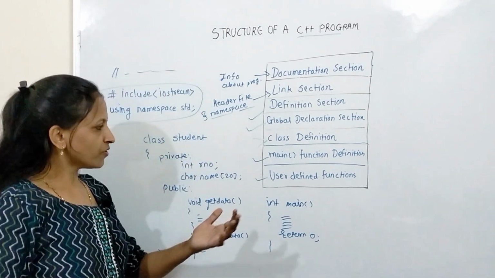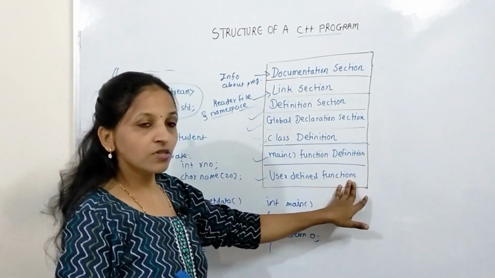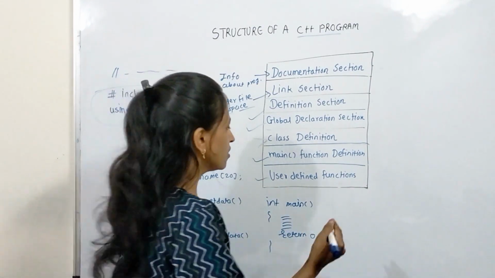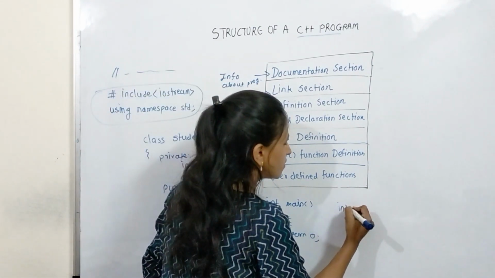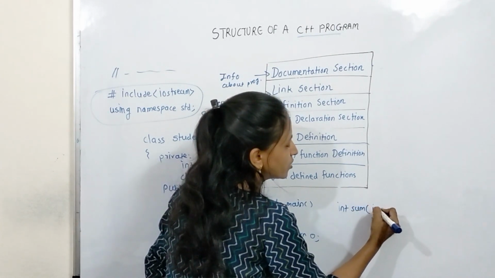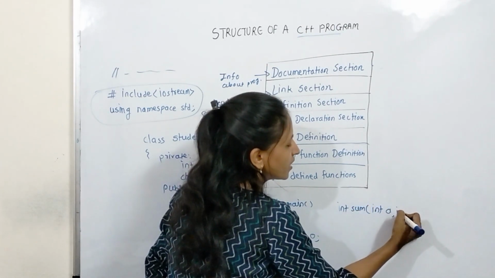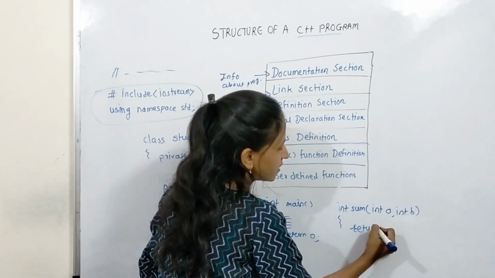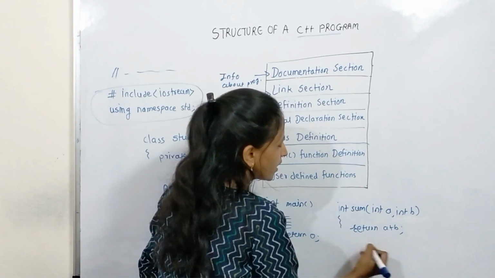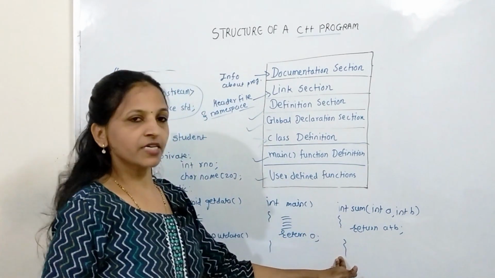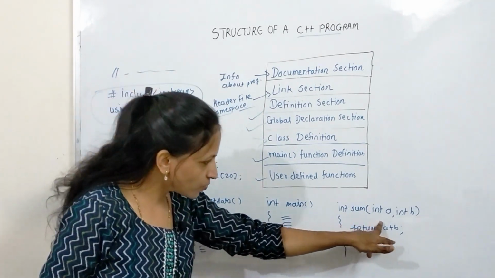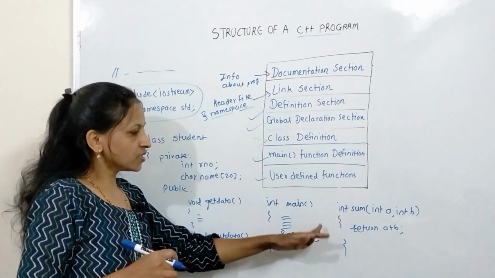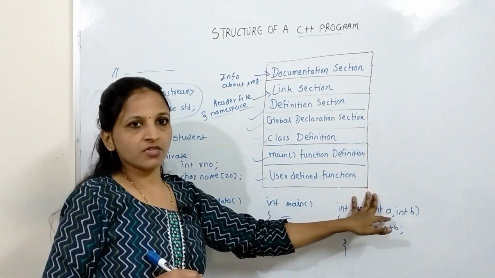Then in any other functions, like if I want to write a sum function here, I will write int sum, and I want to pass two arguments, int a, comma, int b, and here we will return the addition, return a plus b. If I am writing that sum function, then here again you can declare local variables. And this is nothing but a user defined function.